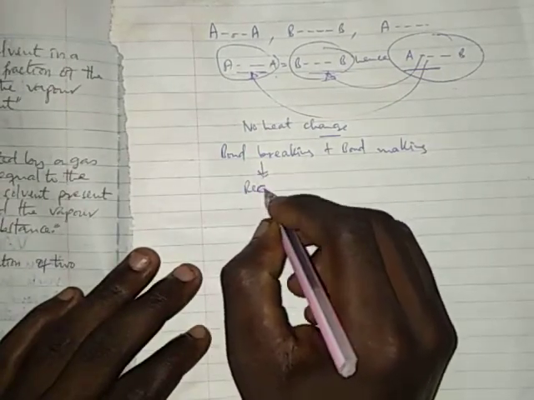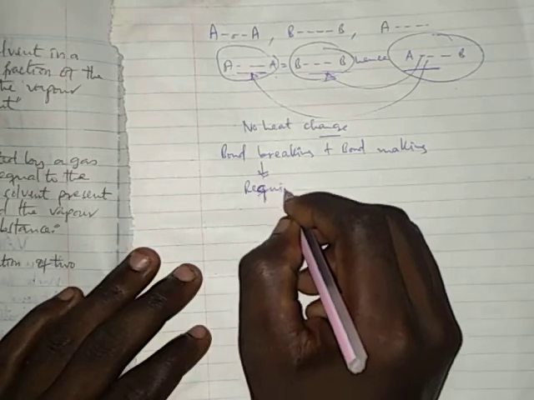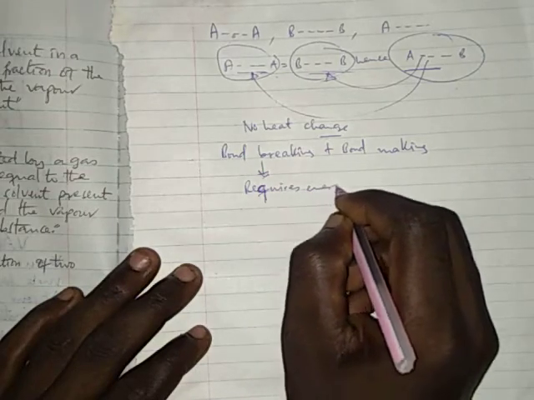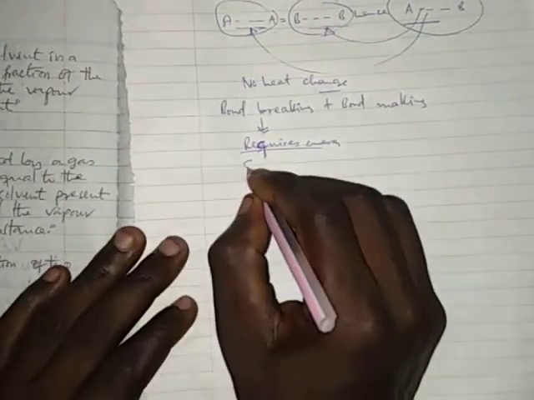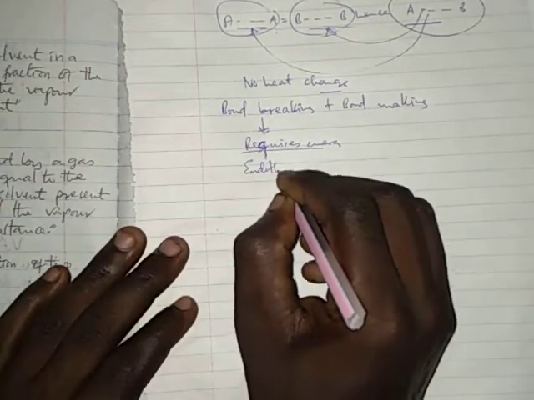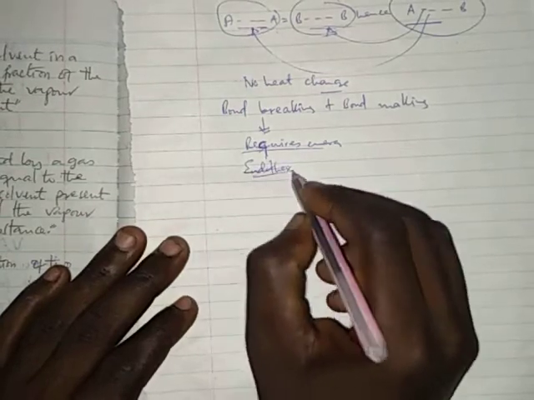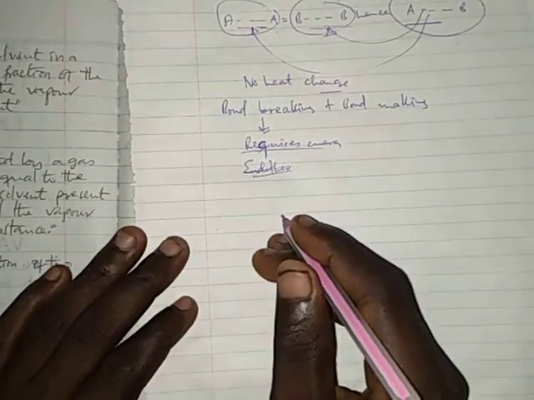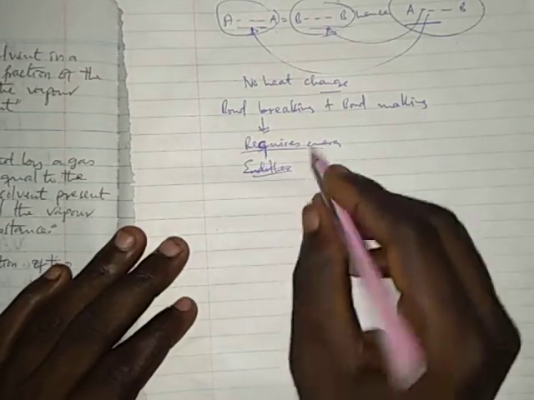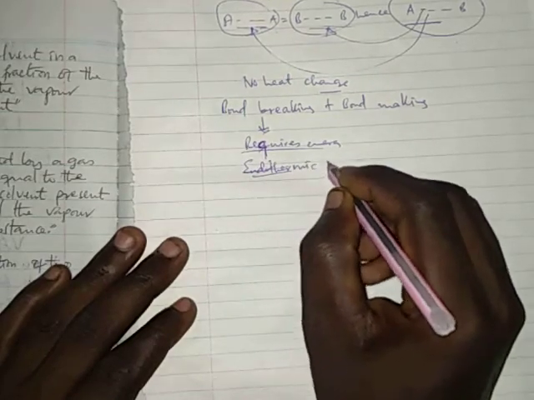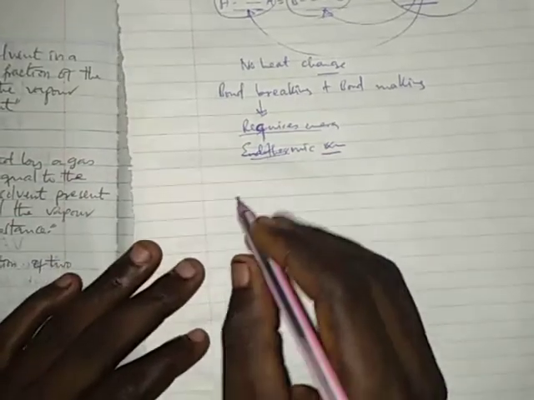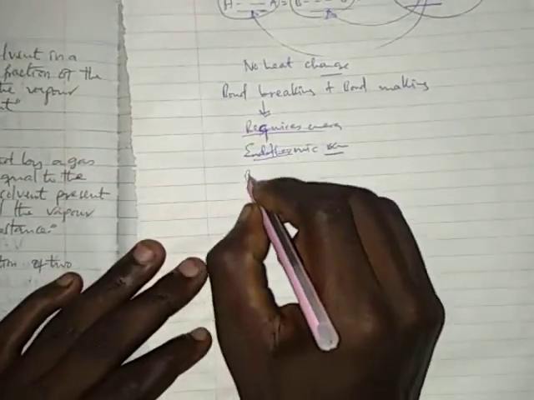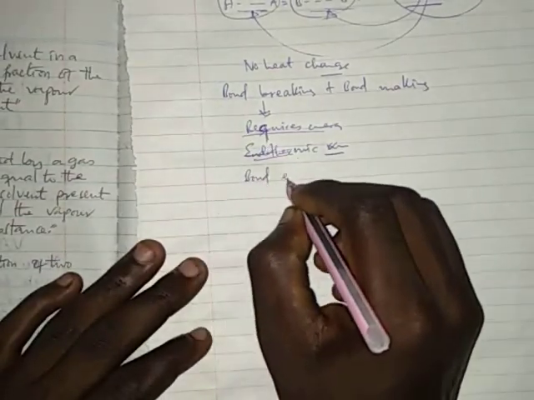It requires energy, or in short, the bond breaking reaction is endothermic. So you can't break a bond until you supply energy, and this energy must be equal to the bond energy.